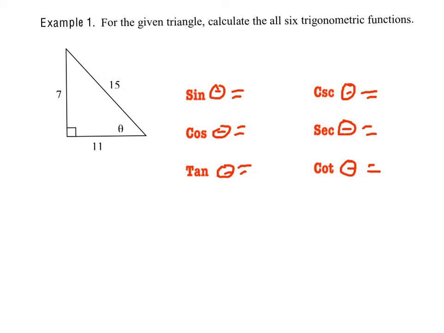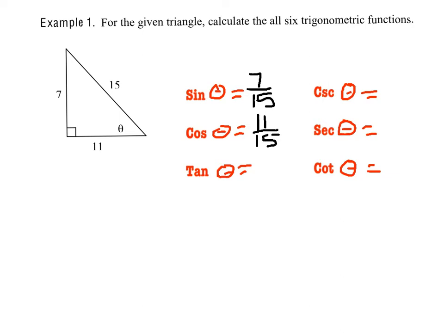So that means the sine is going to be 7 over 15. Cosine, still working from theta, is going to be adjacent over hypotenuse. So therefore the cosine is going to be 11 over 15.